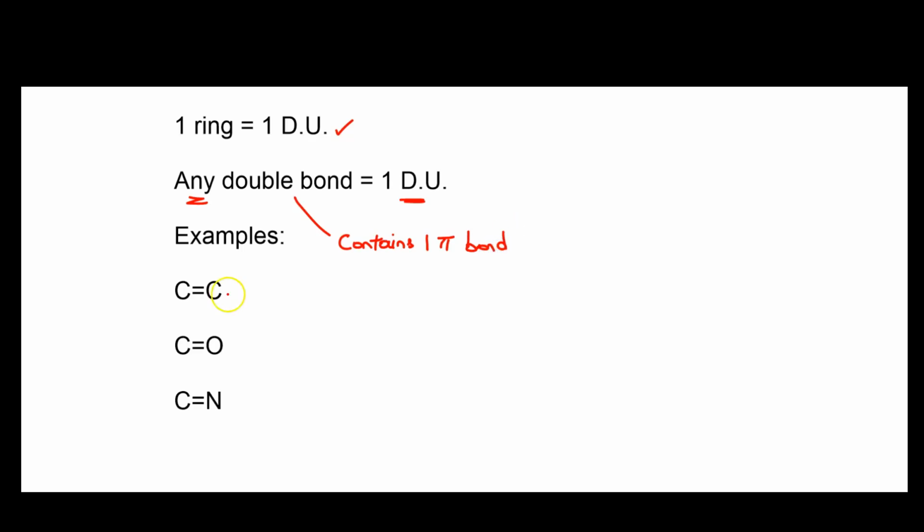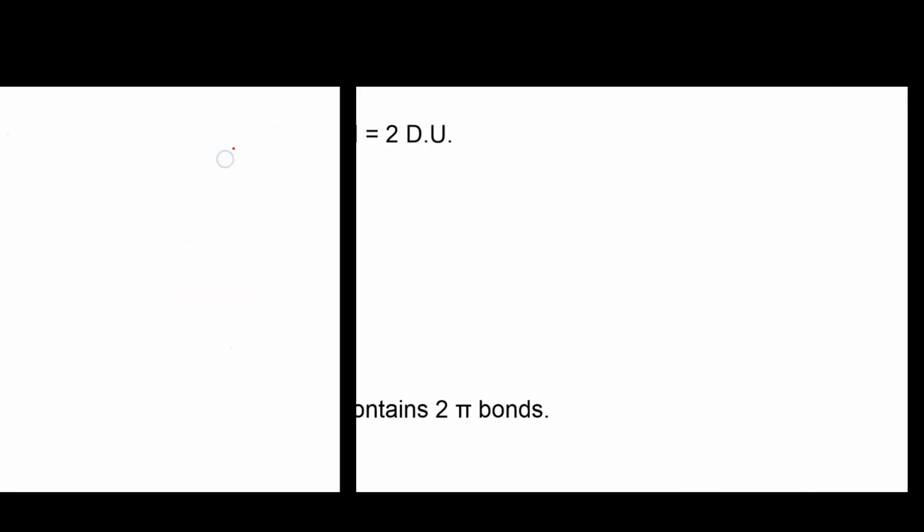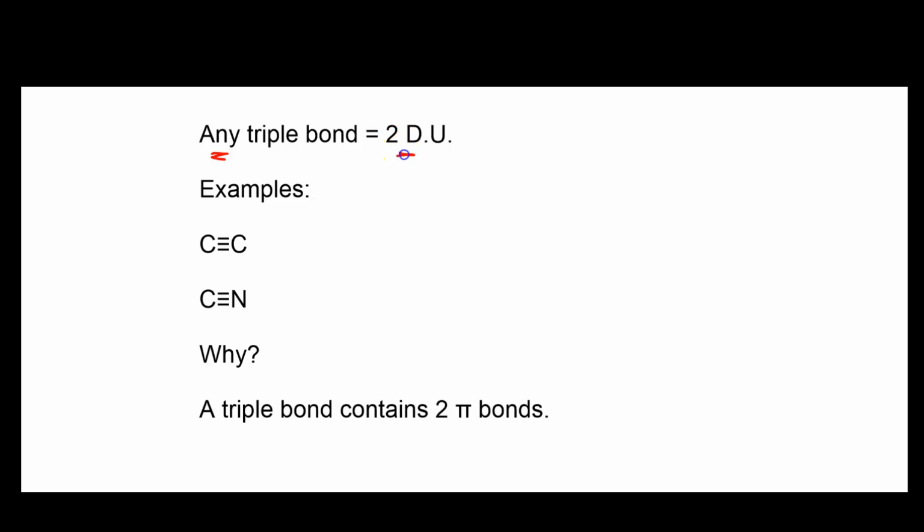So this includes C=C, C=O, and C=N double bonds. Any triple bond counts as 2 degrees of unsaturation because a triple bond contains 2 pi bonds. So a carbon-carbon triple bond and a nitrile group both contribute 2 DU.